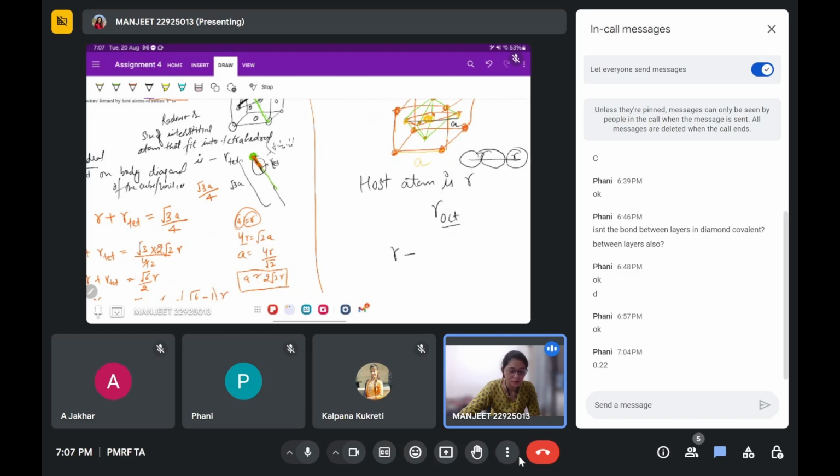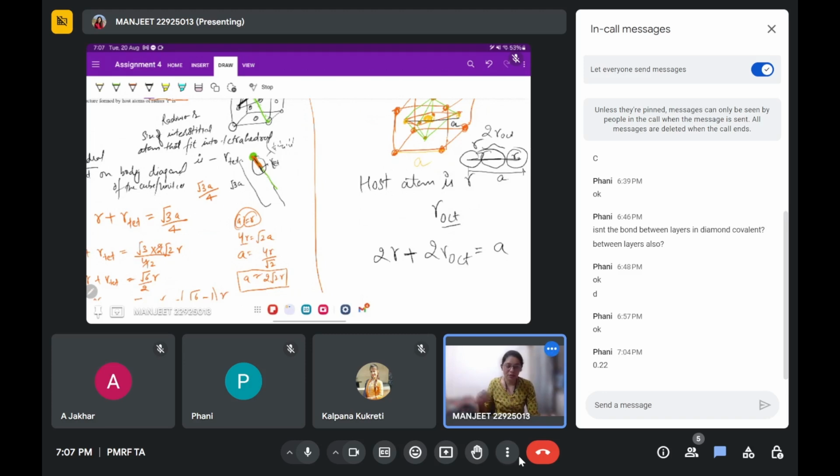This is the host atom, this is the radius R, so this distance will be twice R oct, and this is also R, so it becomes 2R, and this total distance is your A. So 2R plus 2R oct equals A, and this A is your face diagonal.